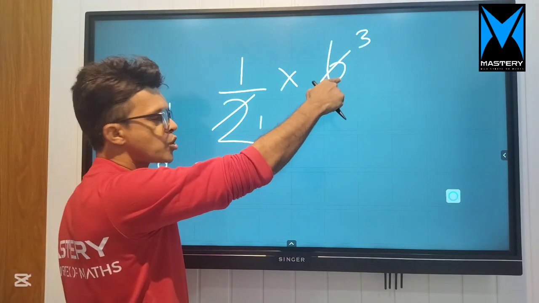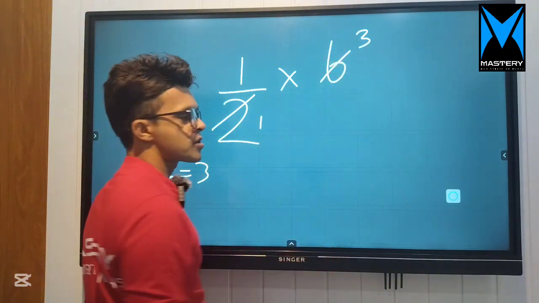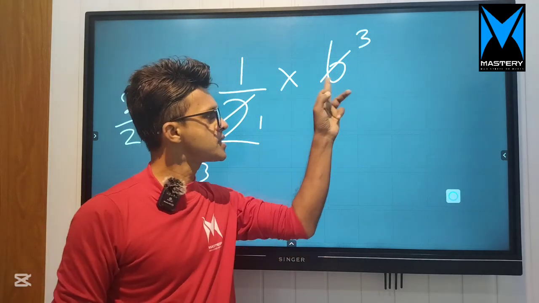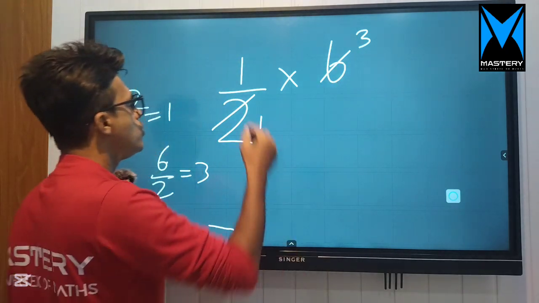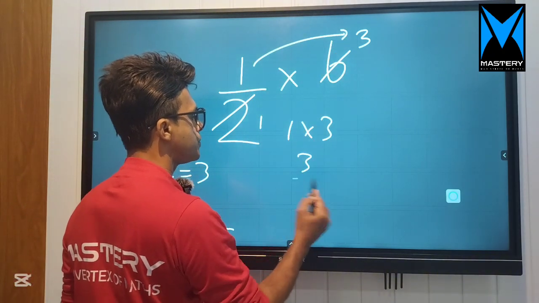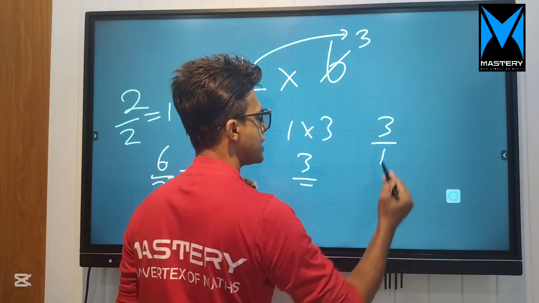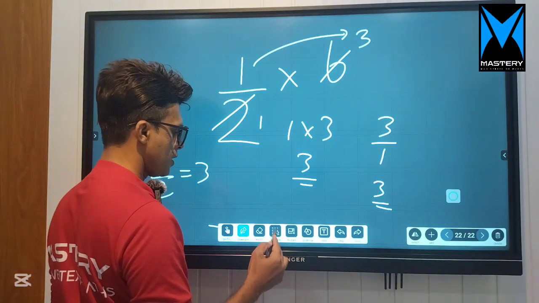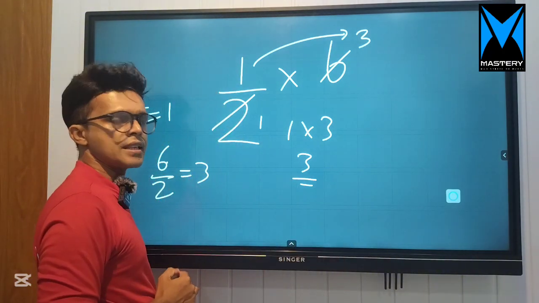This is 1 time, 3 times. Now 1 into 3 equals 3. This 1 is not taken here, because 3 upon 1 is again 3. Therefore, we do not consider this one. So the answer here is 3.